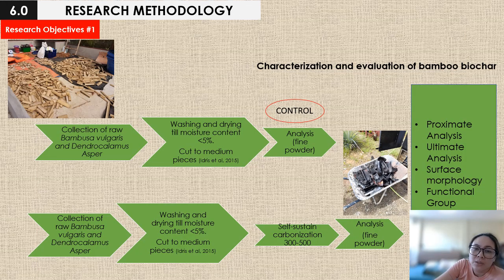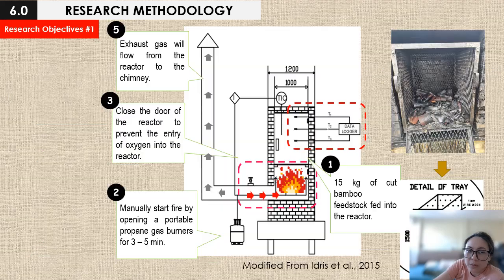In this research methodology, we collect the bamboo and cut it, and in order to analyze it, we have to grind it into a fine powder. That is for our first objective, and here is the self-sustained brick reactor.